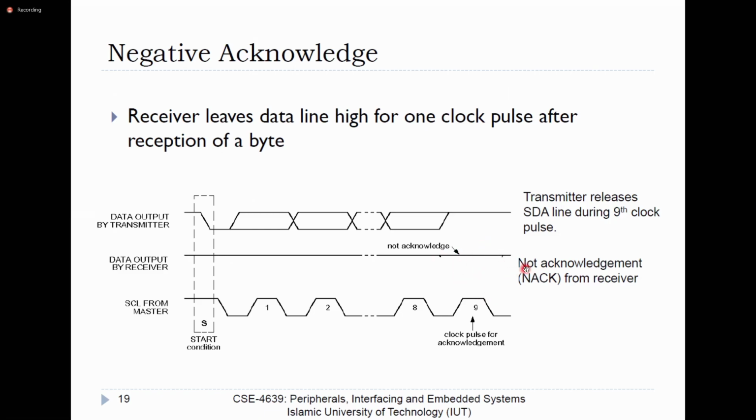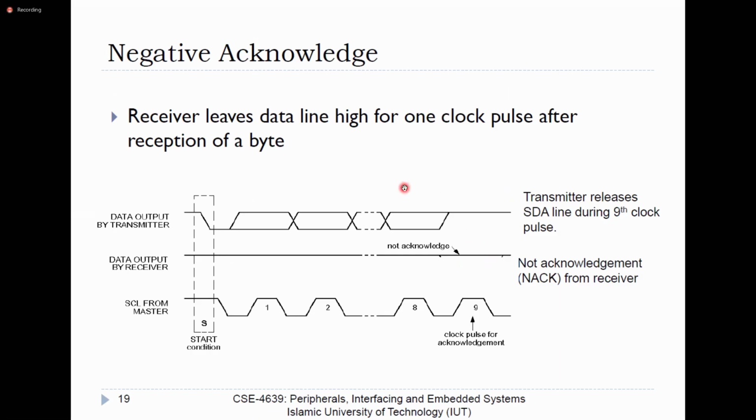The receiver will maintain one logic high signal for a certain clock pulse. After getting the 8th byte, if the receiver has not correctly received the data, it will maintain one clock pulse with a logic high signal.